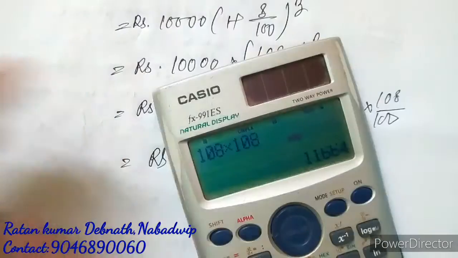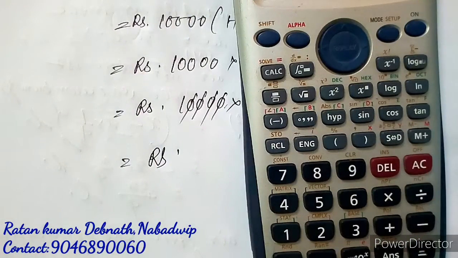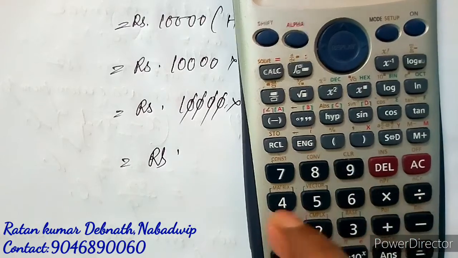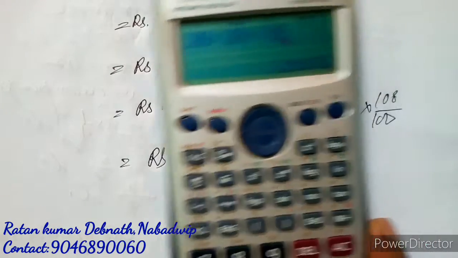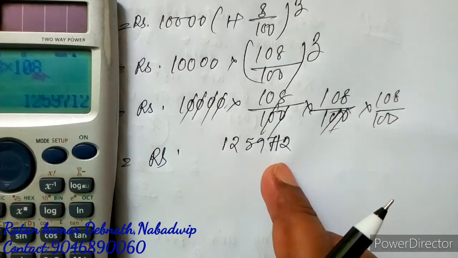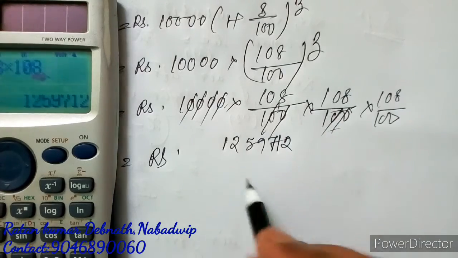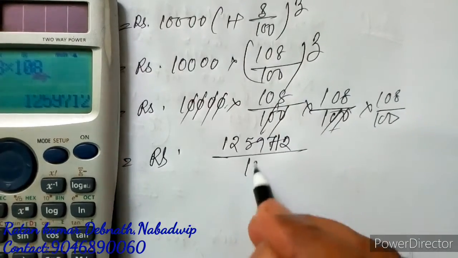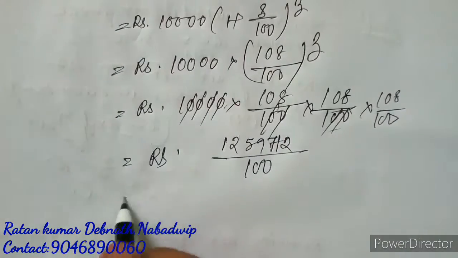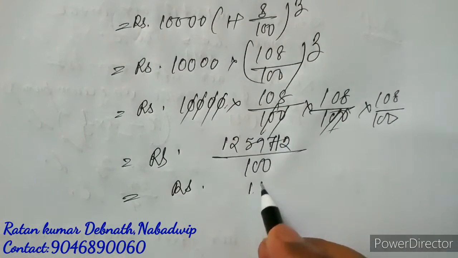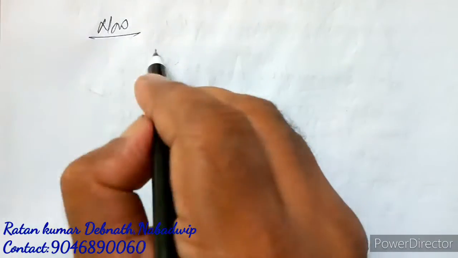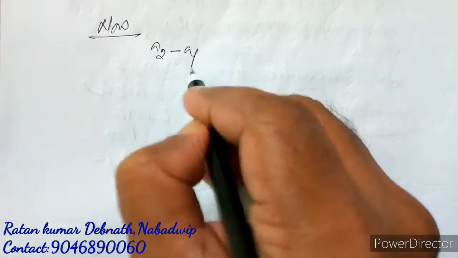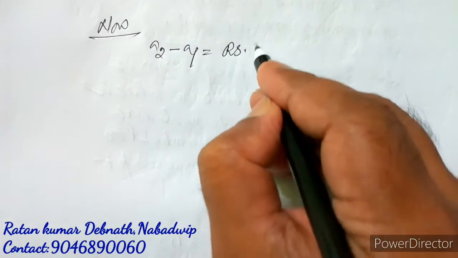Once again I will take help of a calculator. 108 into 108 into 108 equals 1259712 by 100, means rupees 12597.12.